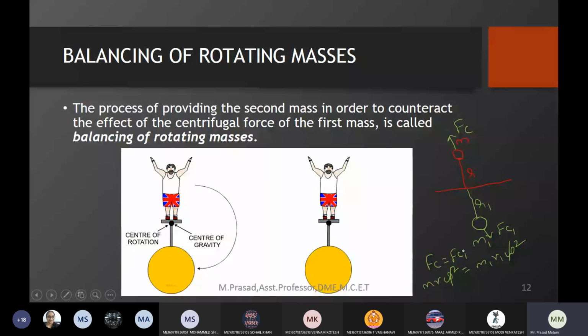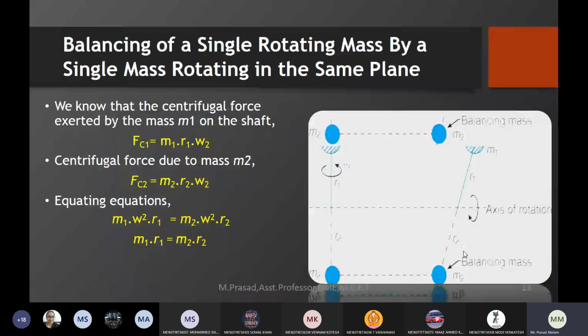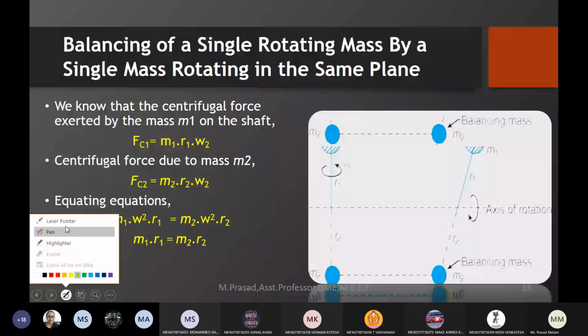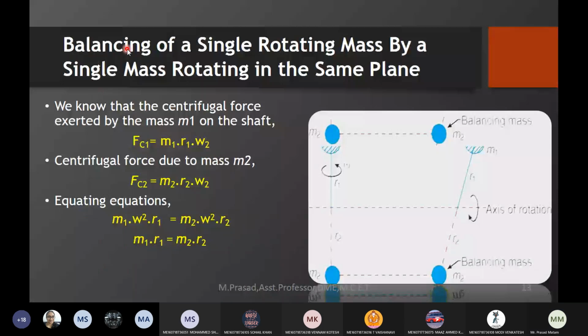Up to here is what I have discussed earlier. Now we can discuss the balancing of a single rotating mass by a single mass rotating in the same plane. You can see the condition here. I am having the axis of rotation, this is my shaft axis.